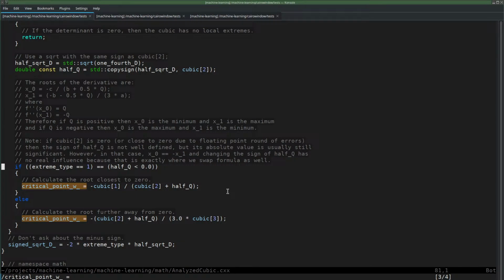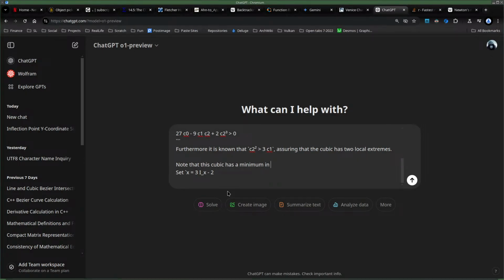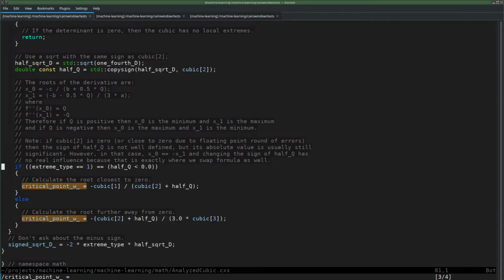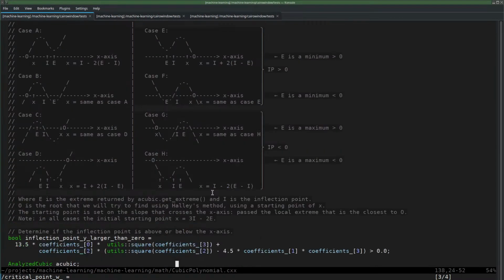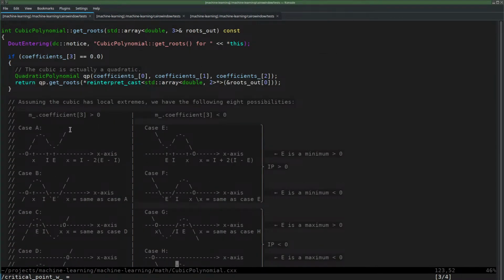I already know the shape of the thing. It's this, so the minimum is pretty well defined, if you ask me.